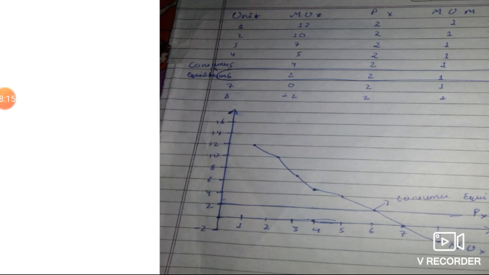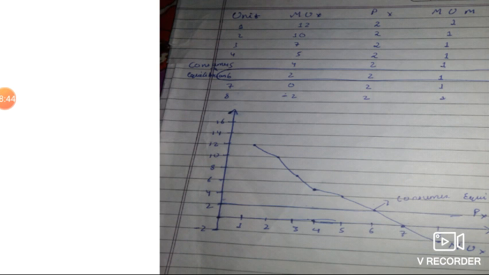Just having money in our pocket also gives us satisfaction. This level of satisfaction is called MUM. In this case, MUM is 1 and remains constant. If MUM is 1, then MUX upon MUM is equal to PX becomes MUX equal to PX, which is the consumer equilibrium formula.